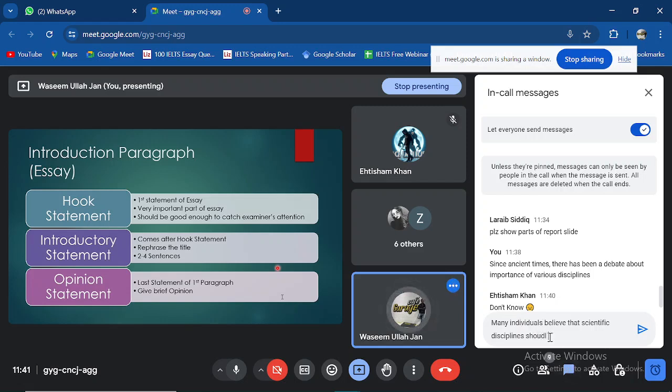Should be taught more than arts, in place of arts I will write artistic disciplines, in school and colleges.